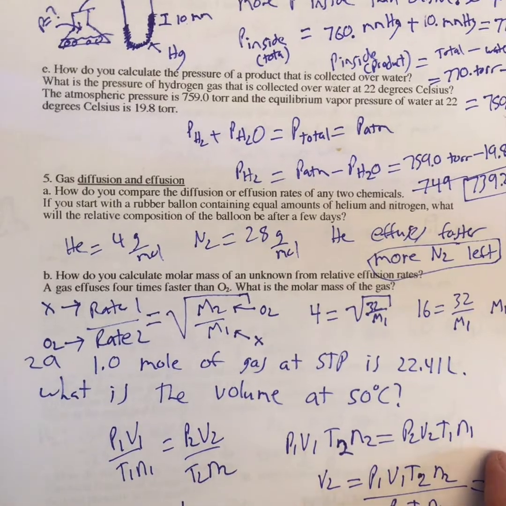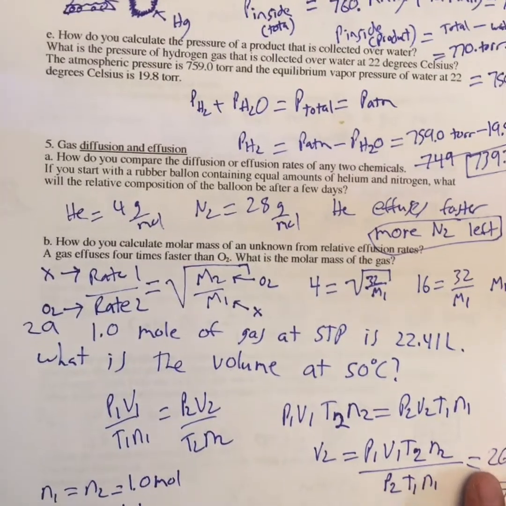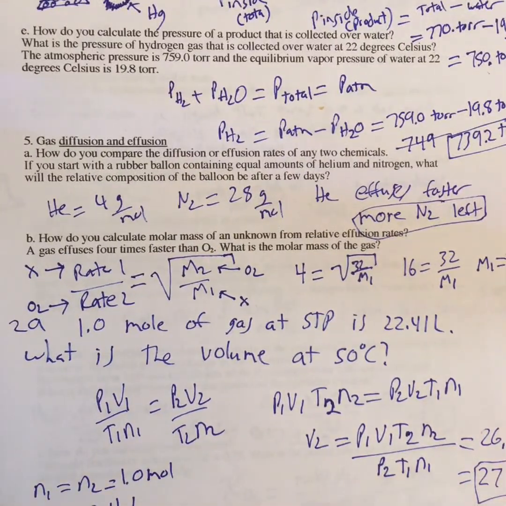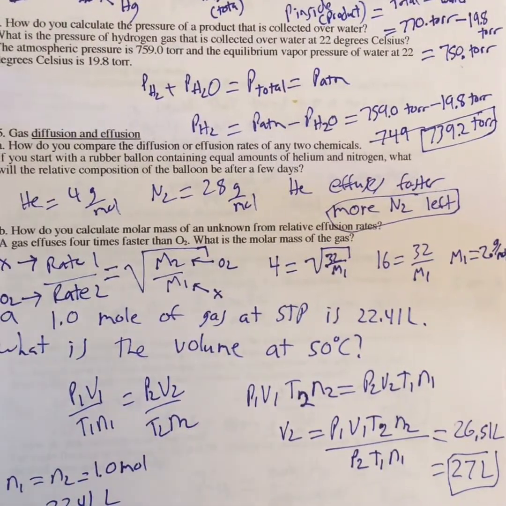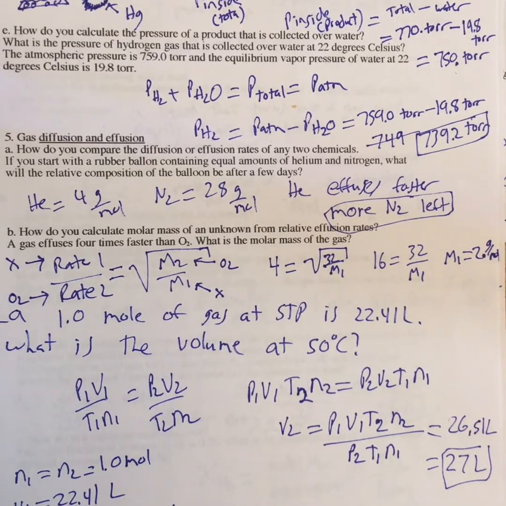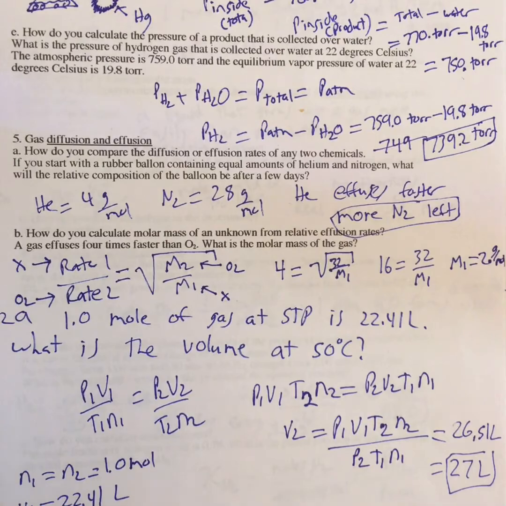Okay, I wasn't able to record for a while, so I just finished up the writing part. The equation is rate 1 over rate 2 equals the square root of the molar mass of the second gas over the molar mass of the first gas. So it flips the 1 and the 2. I like to set it up so that it's a number bigger than 1, so instead of 1/4, I set it up as 4.